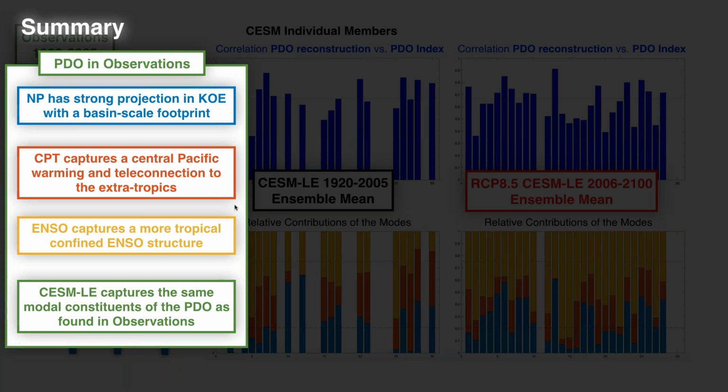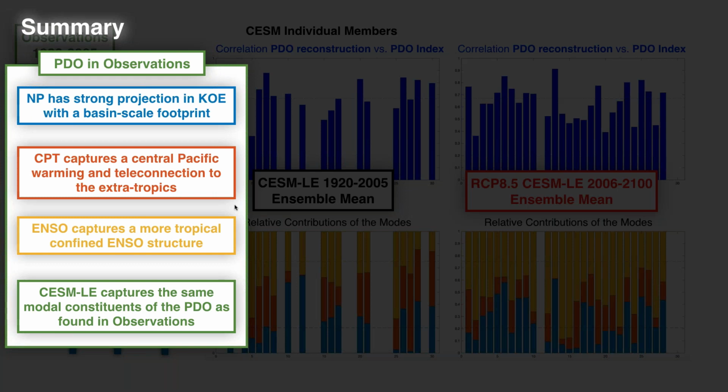And then we calculated the historical ensemble mean, and we compared it to the observations. We got the North Pacific mode in the models is comparable to the observation, and the Central Pacific teleconnection is not as strong as the observations, and the ENSO mode is more dominant. However, there's a large spread across the ensemble members.